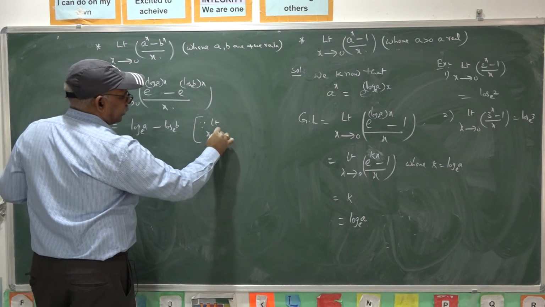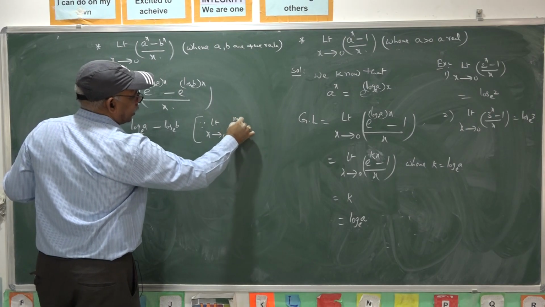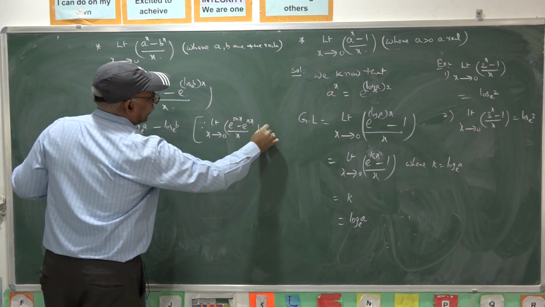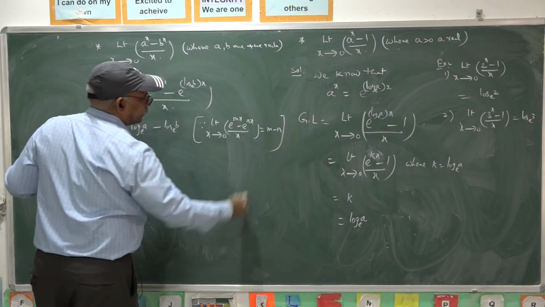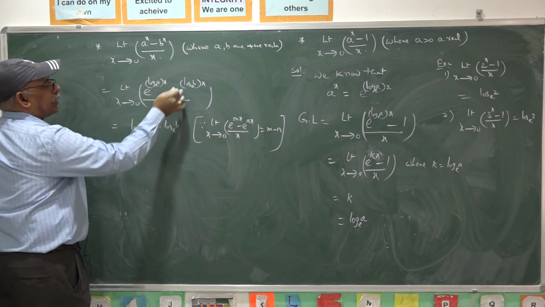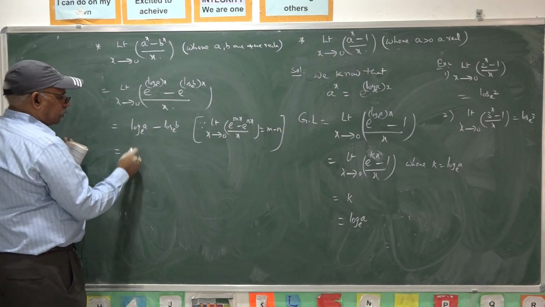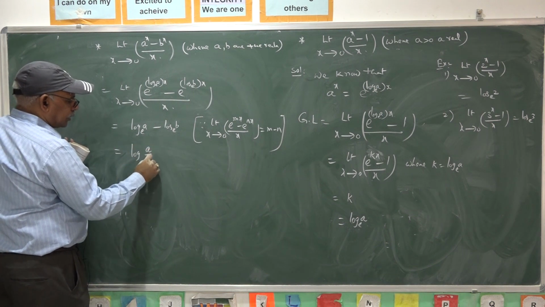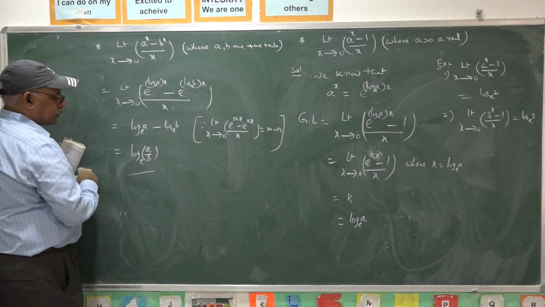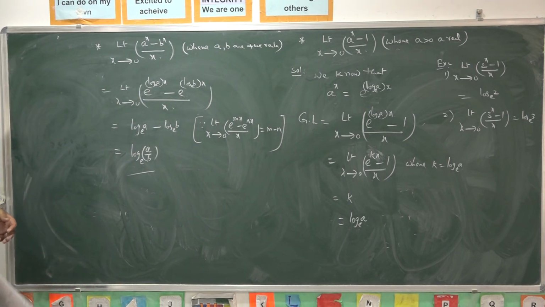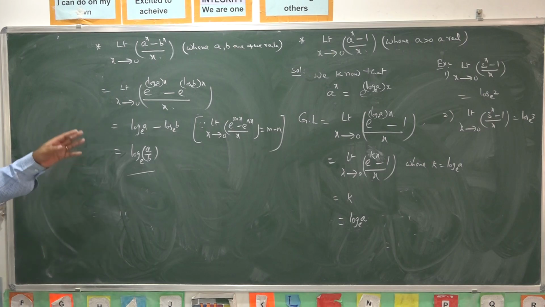This formula, (e^(mx) - e^(nx))/x equal to m minus n, is already given to you. So, where m is log a, n is log b here, we get log a minus log b to the base e. In a single logarithm, that is log (a/b) to the base e. So, such formulas you can use in dealing with the limits of exponential functions.